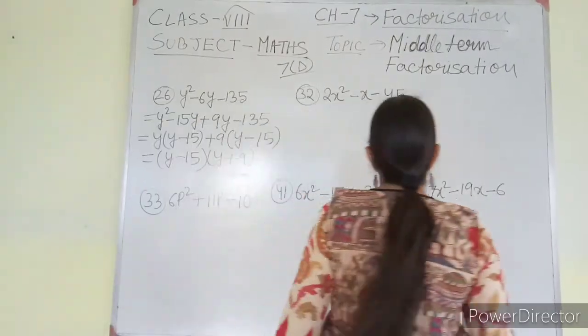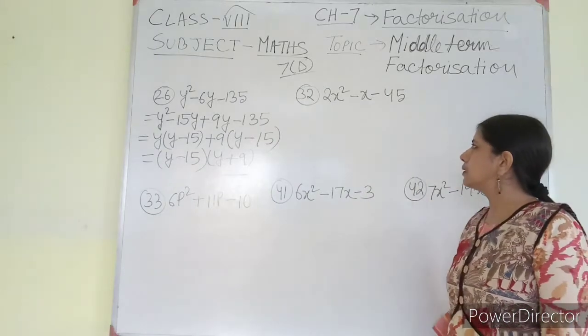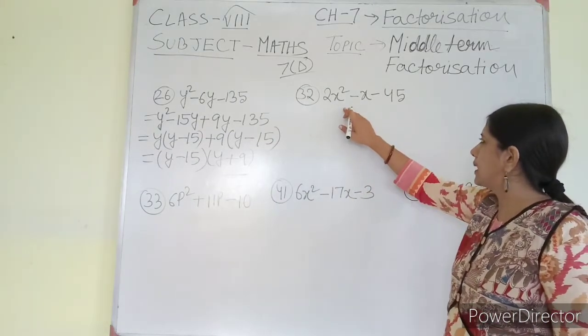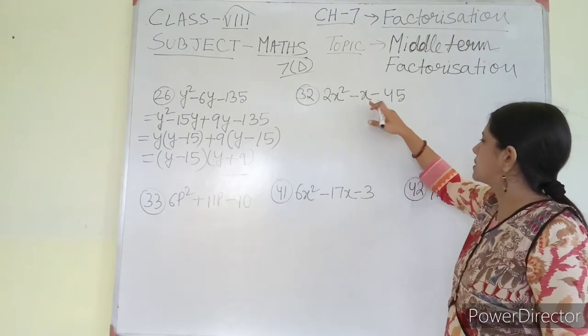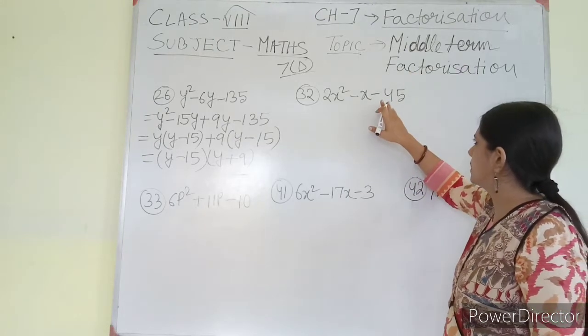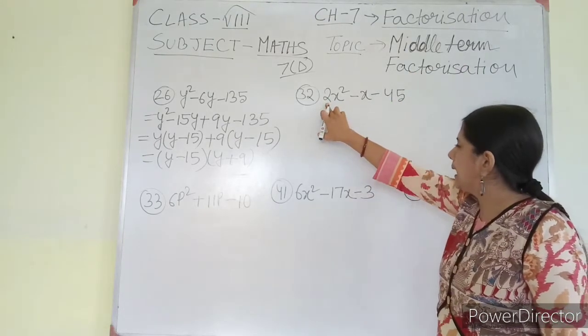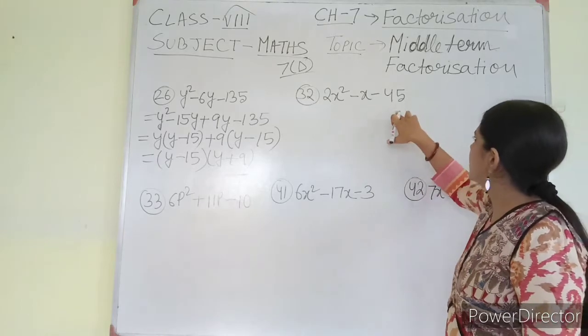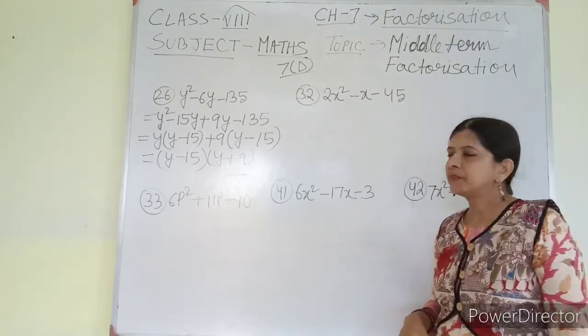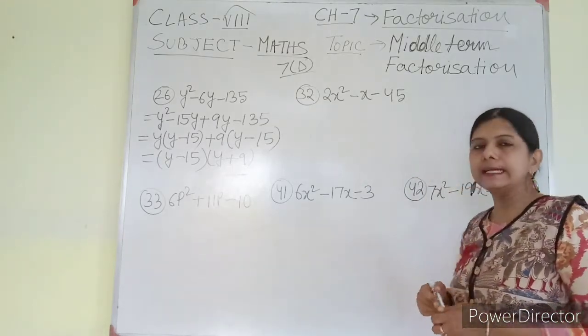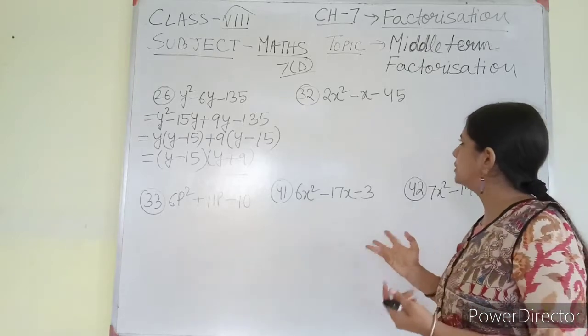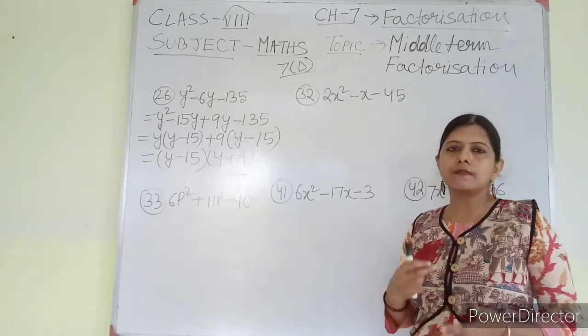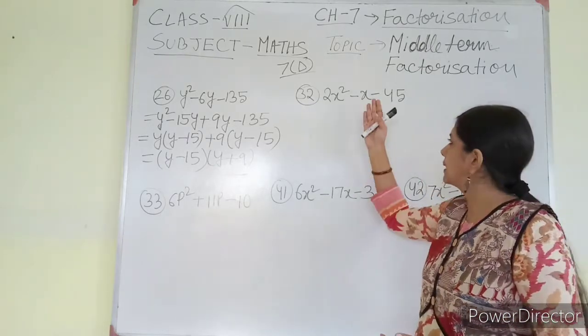Now number 32. Here the number is in the form of ax square plus bx or minus bx, whatever may be, plus c. So a is 2, c is 45. 2 into 45 is 90. I have to divide 90 into 2 terms so that after addition or subtraction I can get 1.